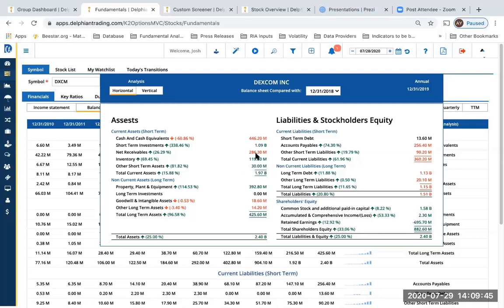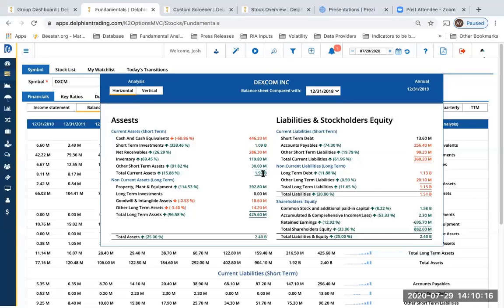Out of these assets, the current assets are 1.97 billion, which are the short-term assets. In the next 12 months, we are going to see this kind of money, 1.97 billion available, versus the short-term liabilities in the liabilities section, which is 360.2 million.